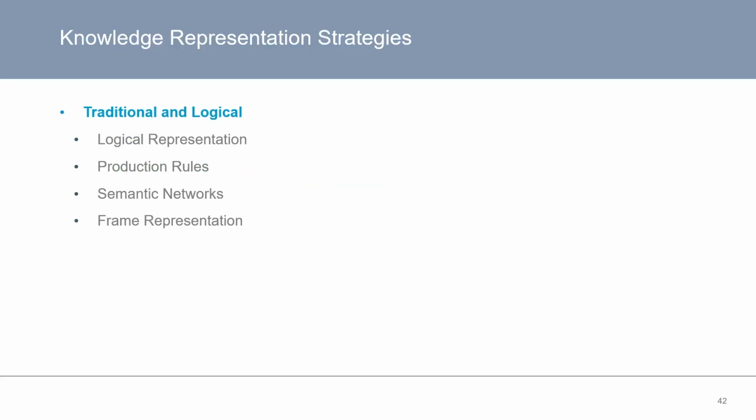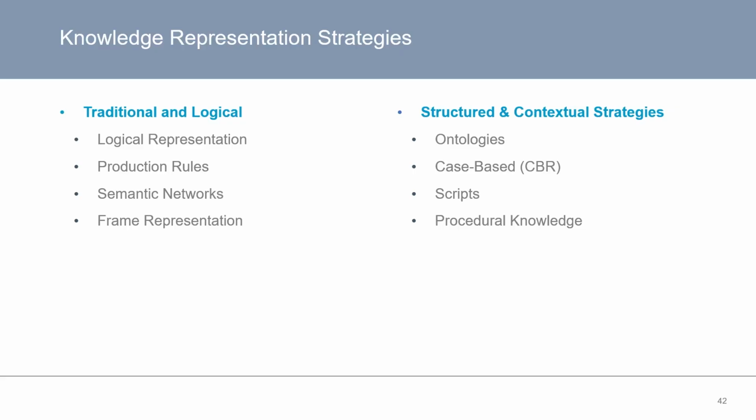Next, on this slide, we'll identify many of the common knowledge representation strategies used in the field of artificial intelligence. This first grouping of traditional and logical strategies tend to focus on human-readable expressions and the application of formal mathematical logic. These include logical representation, production rules, semantic networks, and frame representations. Our second group of representation strategies are structured and contextual. These focus on the flow of events, as well as deep, domain-specific relationships.